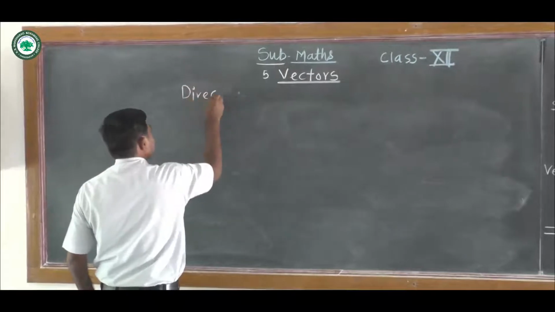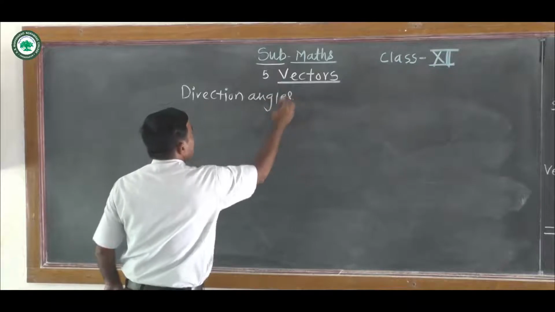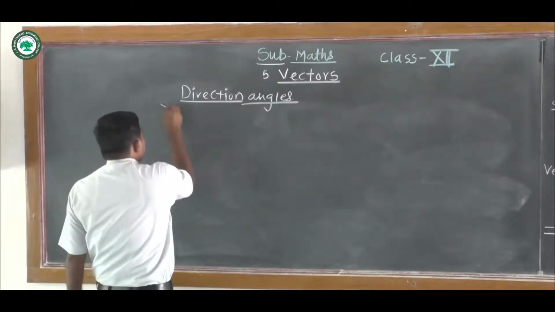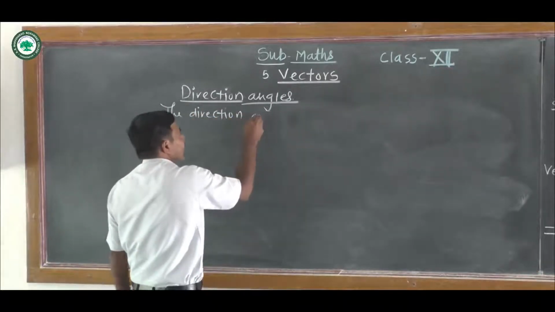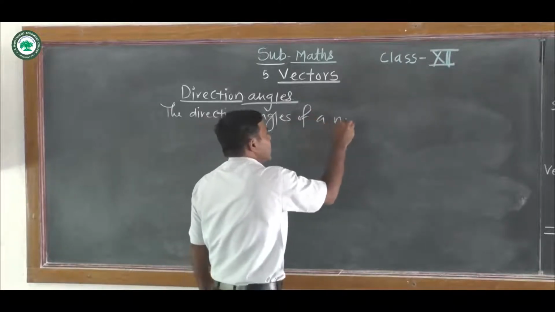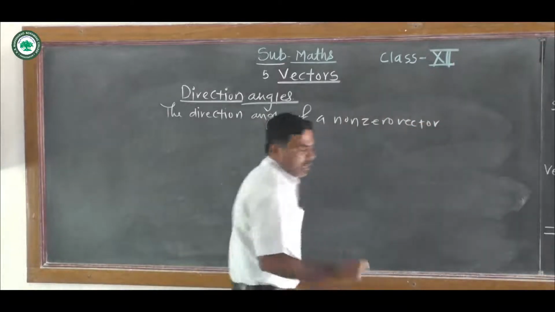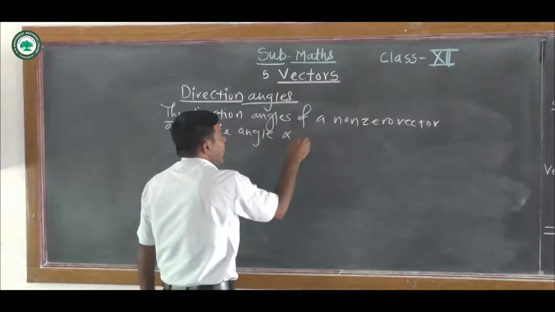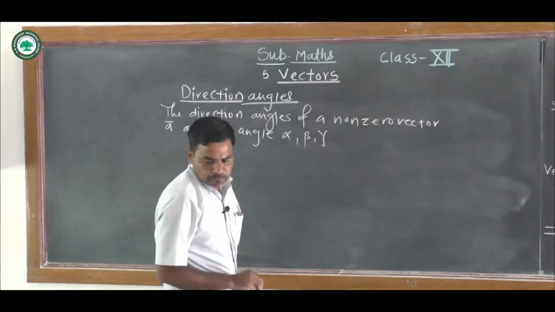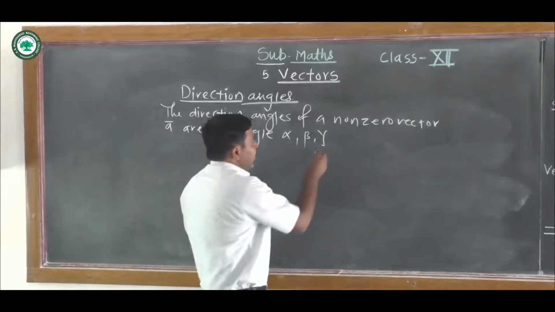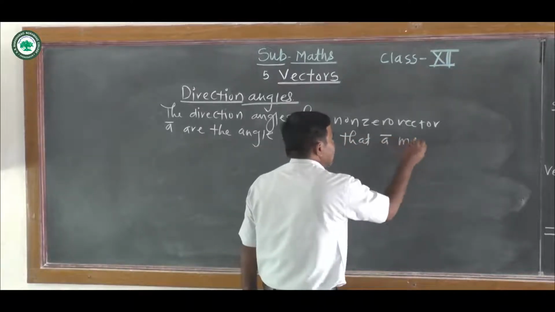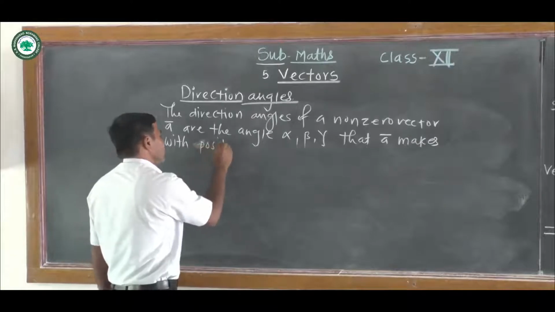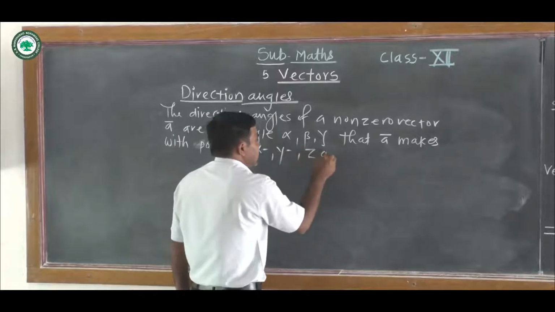See, direction angles. The direction angles of a non-zero vector A bar are the angles alpha, beta, gamma that A bar makes with positive X, Y and Z axis respectively.